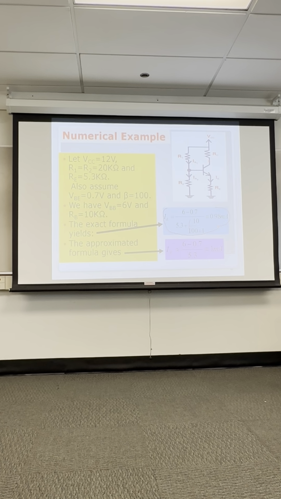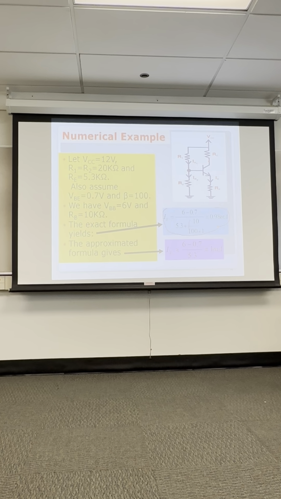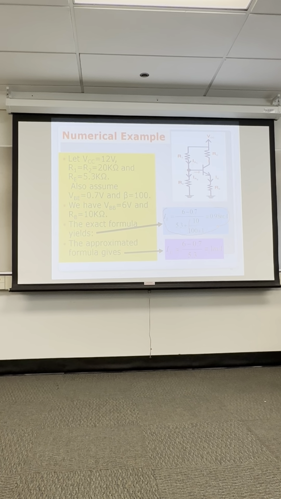Now, we can assume alpha is equal to 1, which is not accurate, or we can try to solve for the base current, which will be more accurate. However, it's going to involve a couple more calculations to actually do that.